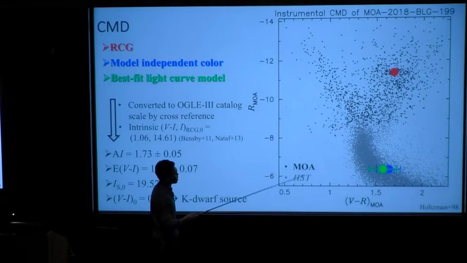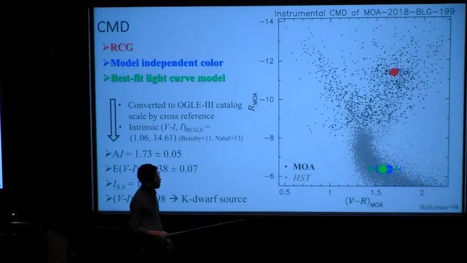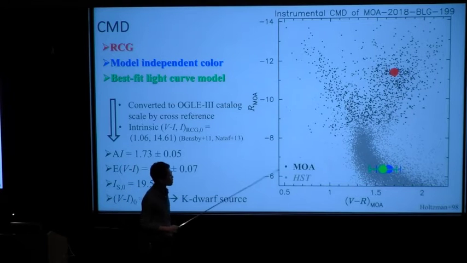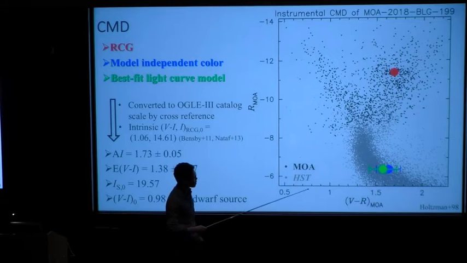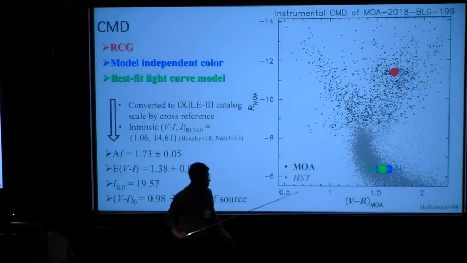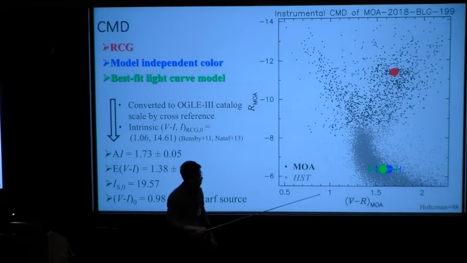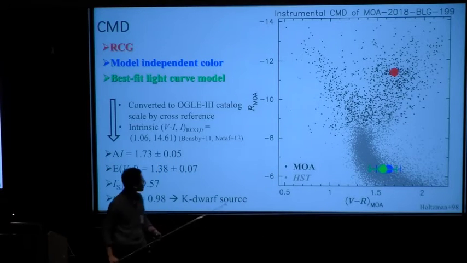For this color, we did the linear regression of MOA red and MOA V. And another method is just from the best fit light curve model. This is plotted in green. Both of these are consistent with each other, but I will use the green point, the color from the light curve model, because it is more consistent with the Boltzmann sequence.